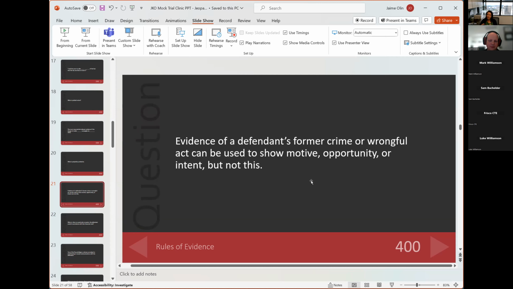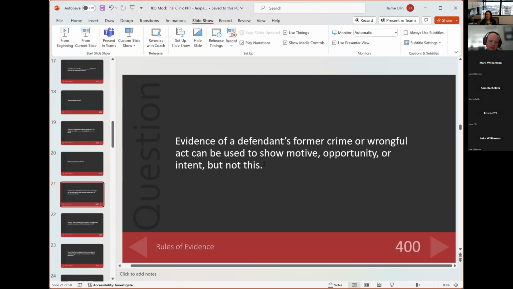It can get a little confusing as to whether you can use it here or there, and ultimately that's going to be the judge's call. But to show that, say, the defendant in the past had gotten into a fight with the deceased, and maybe he'd been arrested for that fight, you could use that to show that the deceased at the time intended to cause harm to the defendant.